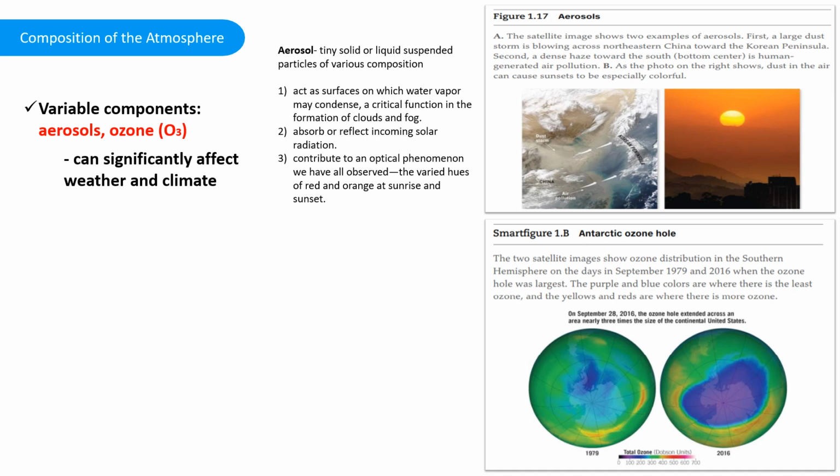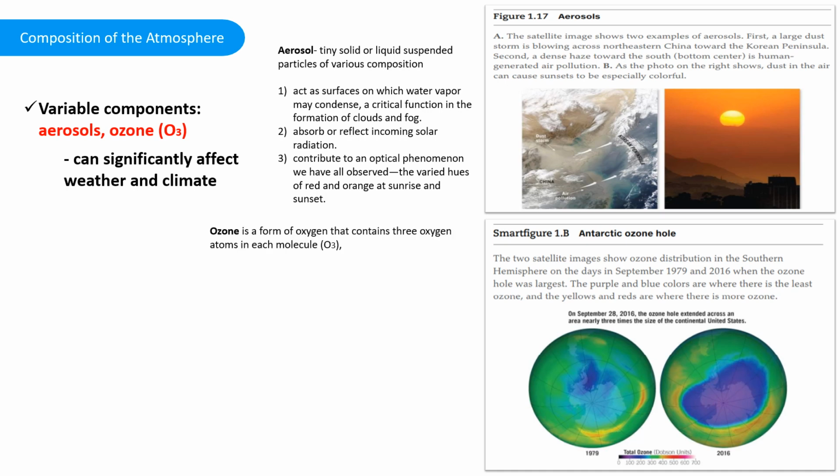The two satellite images show ozone distribution in the southern hemisphere on the days in September when the ozone hole was largest. These purple and blue colors are where there is the least ozone. The yellow and the reds are where there's more ozone.